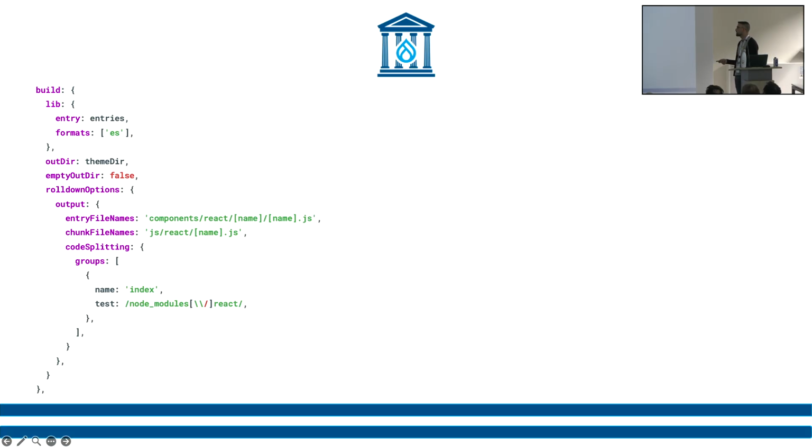Code splitting allows us to group our libraries into a single file, so all our React libraries will be in the same file. This will be js/react/index.js.